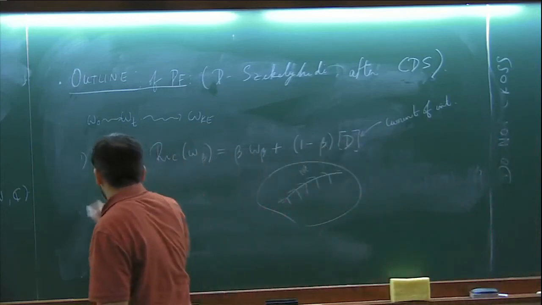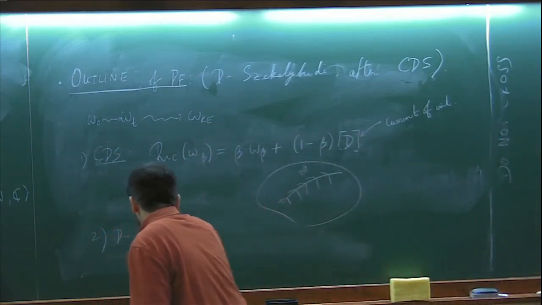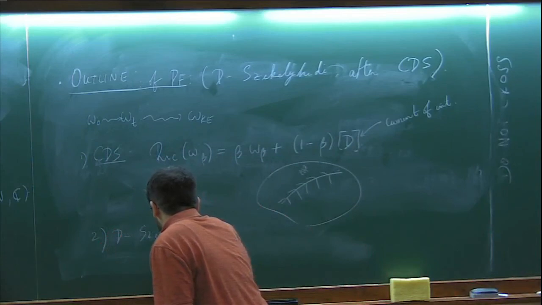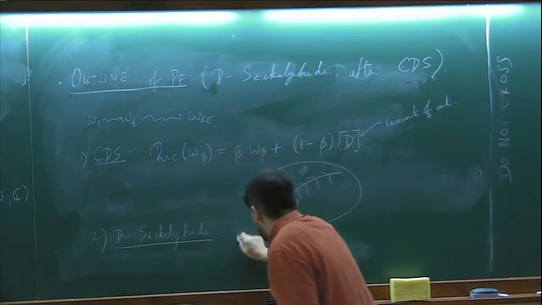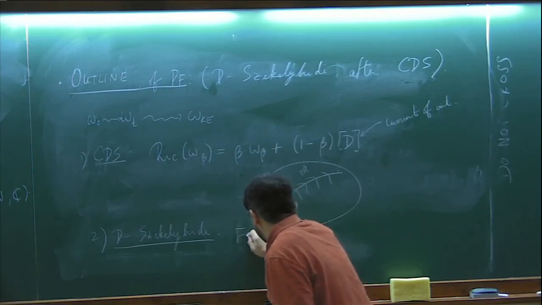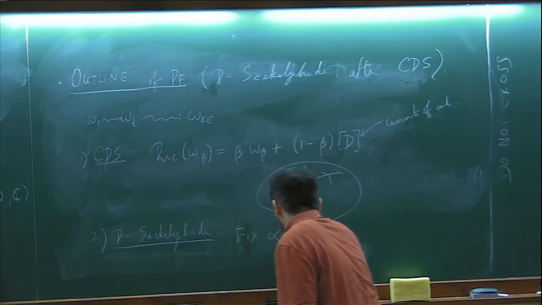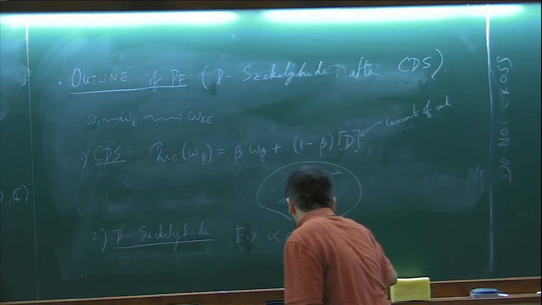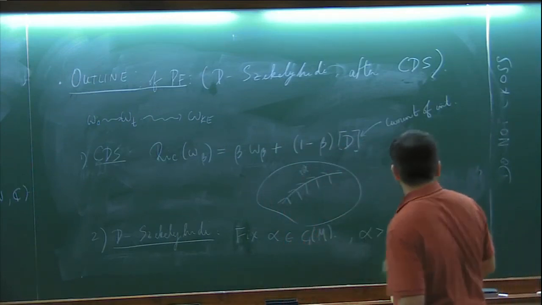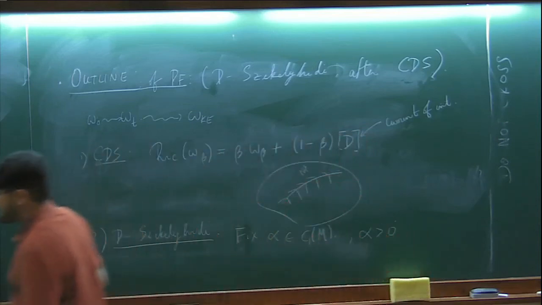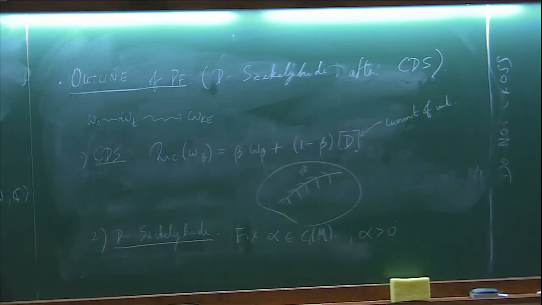So the method that we use is what is called a smooth continuity method, which means we fix a reference Kahler metric alpha in the first Chern class of M. So alpha is positive. And we try to solve the following equation.